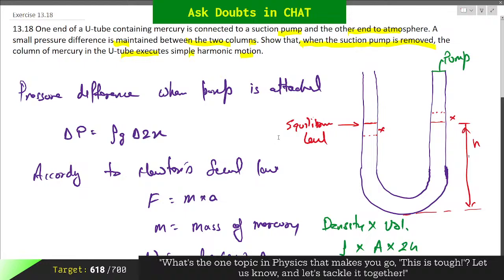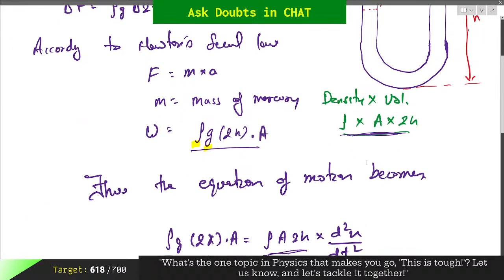So here the pressure difference is created initially to disturb the equilibrium of the mercury levels, and when the suction pump is removed, we have to show that the restoring force is proportional to the negative of the displacement, so that it is executing simple harmonic motion. Again we find the expression for the restoring force.